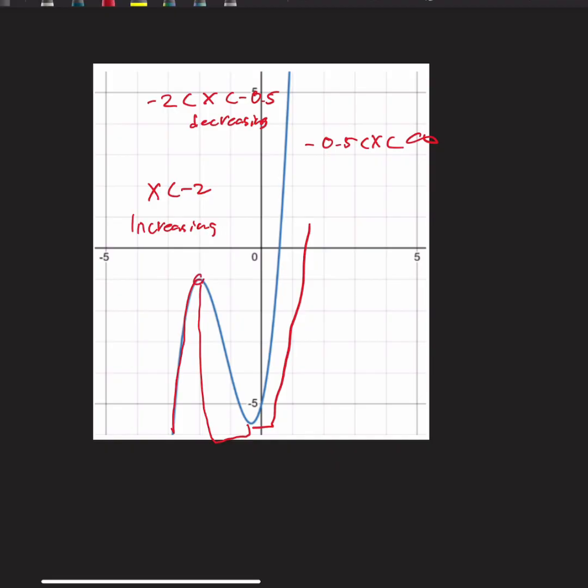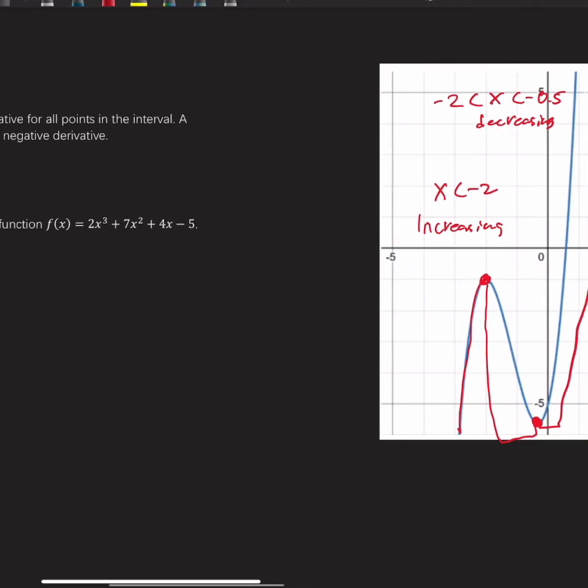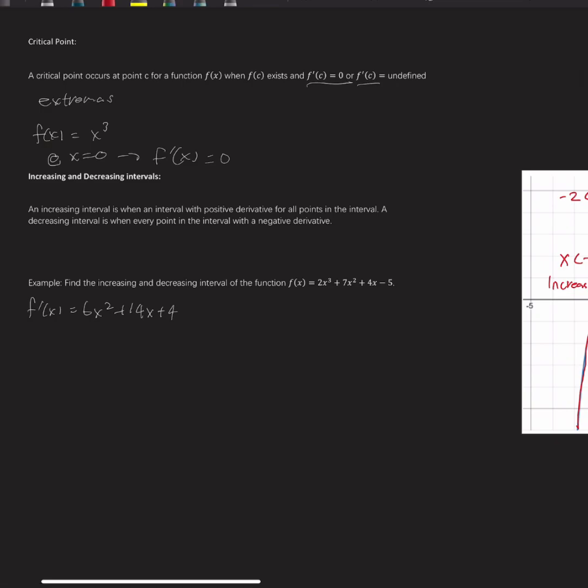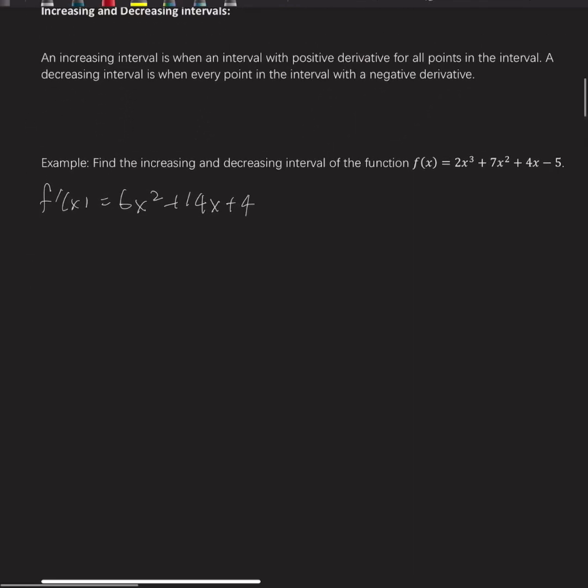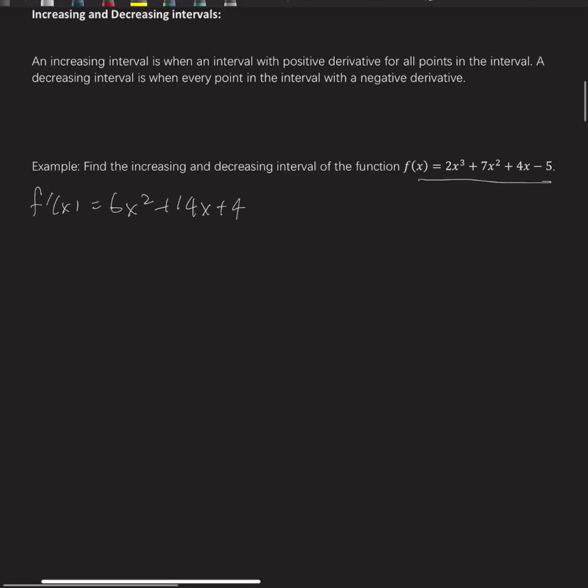It's only these points that determine if it switches to another decreasing or increasing interval. So let's find the critical points. We see that this is also a polynomial function, so it must be continuous and differentiable over its domain. So we can just find the zero critical points.